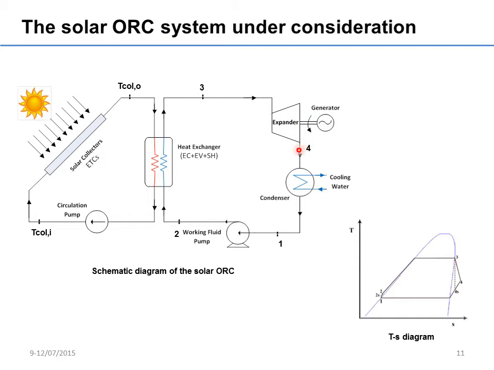The organic fluid exiting the expander passes through the condenser, where heat is rejected to the cooling water, condensing the working fluid to liquid state. The liquid organic fluid is pumped to high pressure at point 2 and heated up again, and the cycle repeats.